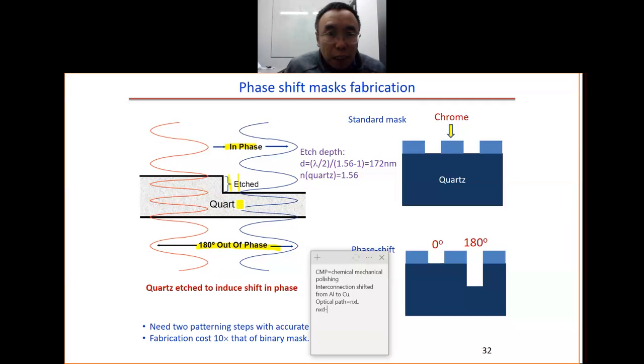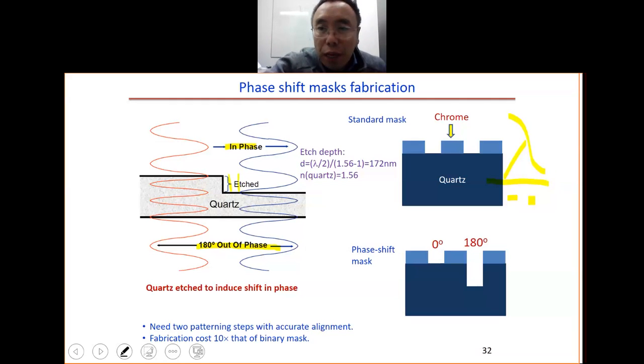For the other side, N equals 1, so it is 1 times depth. So the difference should be equal to lambda divided by 2. So from here you can see that the etch depth equals lambda over 2, times 1.56 minus 1, which equals 172 nanometers.